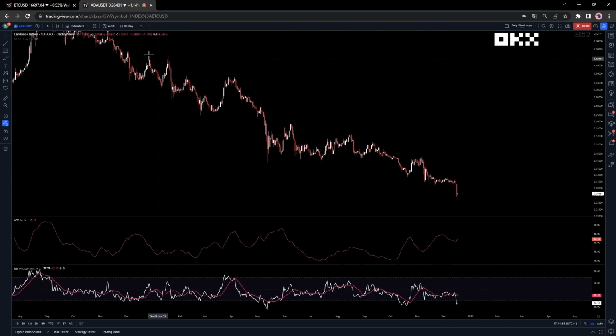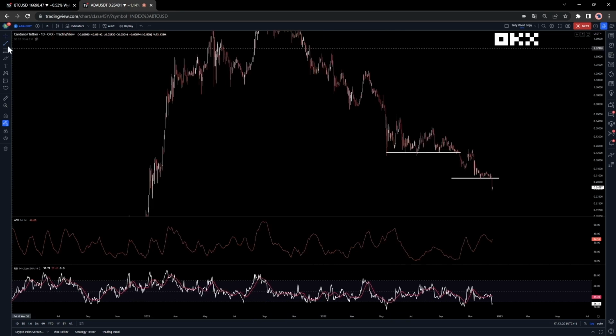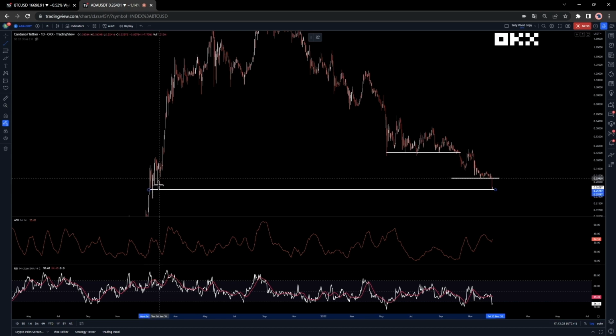But at the moment, as I told you, it is a clear downtrend that we see here. But you can see that at least there are some levels of local support before we see the next downtrend, which is, for example, here in this area. But if we zoom out a little bit, we will find that there is this area here in January 21, where we also saw some local support.